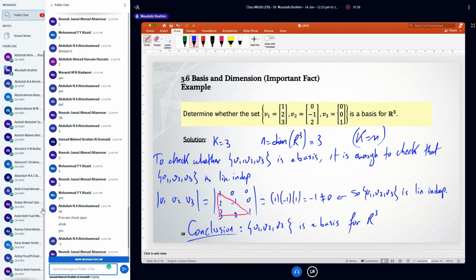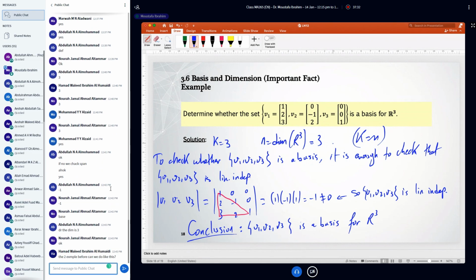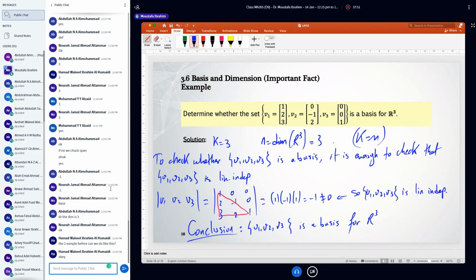Because we know already. No, because it's W, you don't know what's the dimension of W. But R3, you know the dimension of R3. Before, you don't know what's the dimension of W, right? At the end, we know it because we get the basis. But if we don't have it, how can you know the dimension of W?